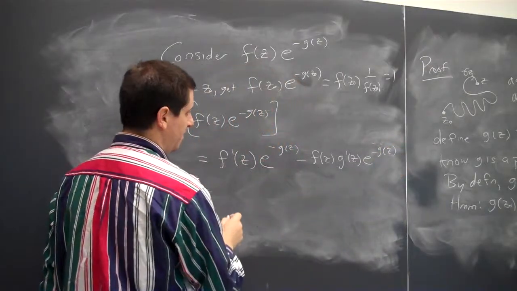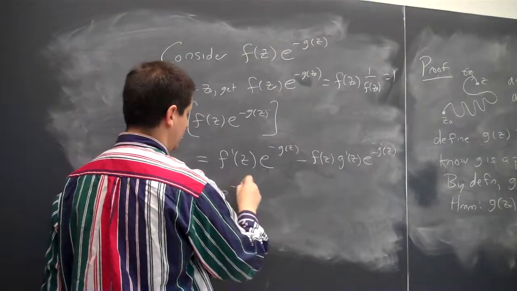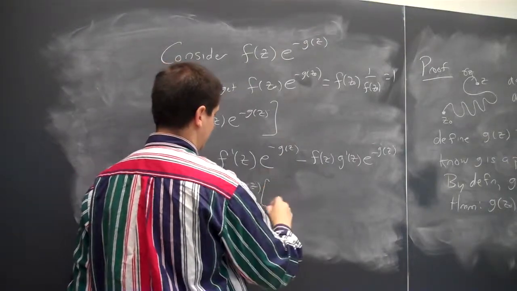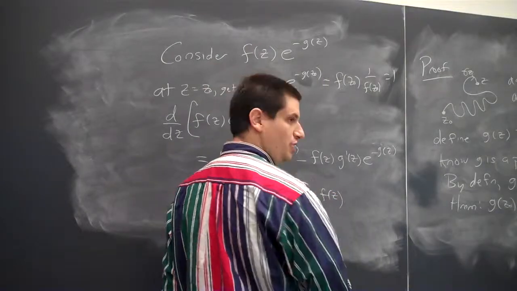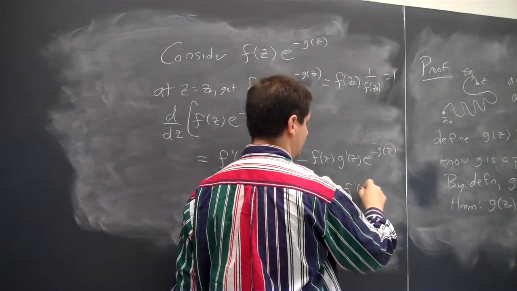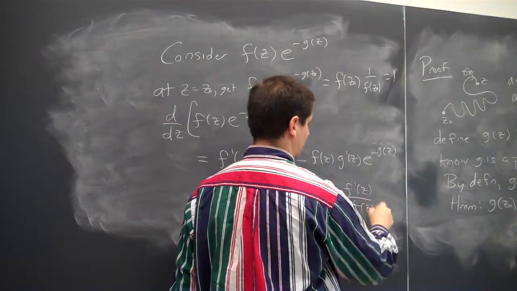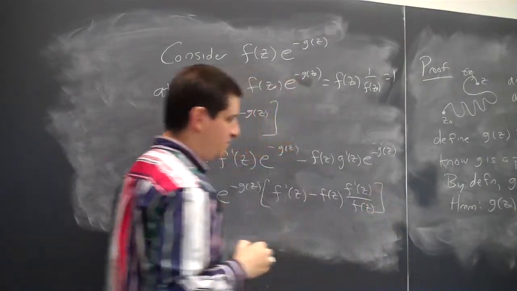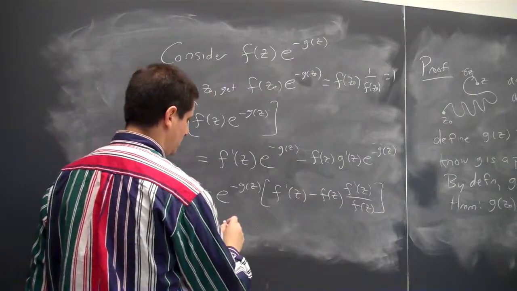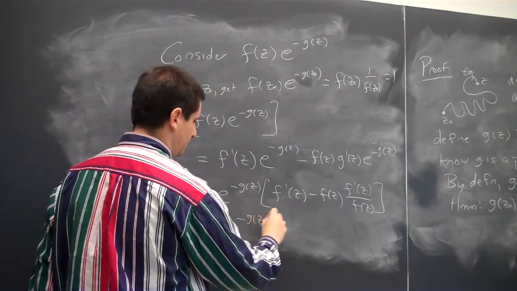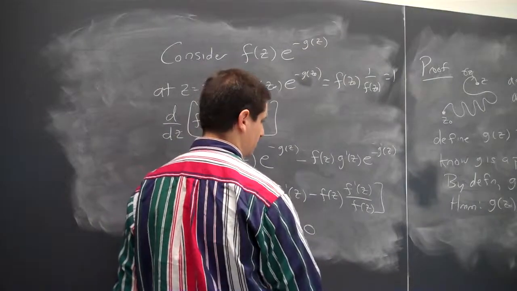Okay? I can factor out an e to the negative g of z, and I'm left with f prime of z minus f of z times g prime, and g prime is just f prime of z over f of z. Do I have to worry about the f of z in the denominator? No, it's never 0. So it's equal to e to the negative g of z times 0, so it's 0.